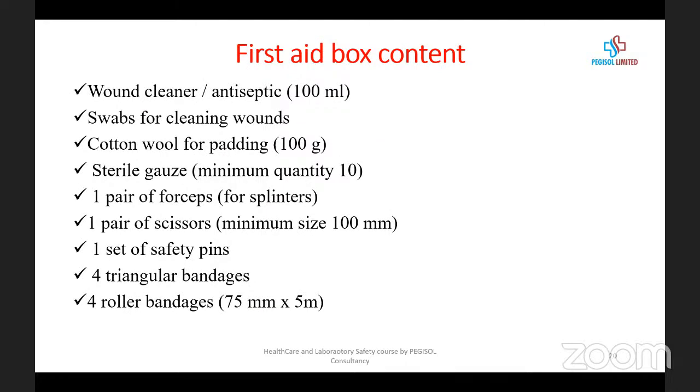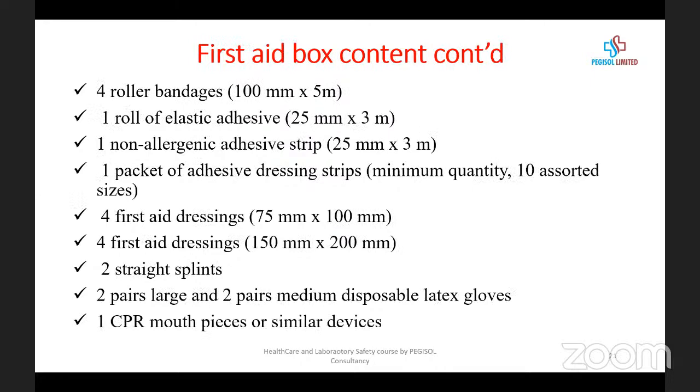It should have a wound cleaner, antiseptic, swabs for cleaning wounds, cotton wool for padding, sterile gauze, one pair of forceps, one pair of scissors, a set of safety pins, 4 triangular bandages, 4 roller bandages, one roll of elastic adhesive plaster, one non-allergic adhesive strip, one packet of adhesive dressing strips, 4 first aid dressings of different specifications, 2 straight splints, 2 pairs of large or 2 pairs of medium disposable latex gloves, and one CPR mouthpiece or similar device.